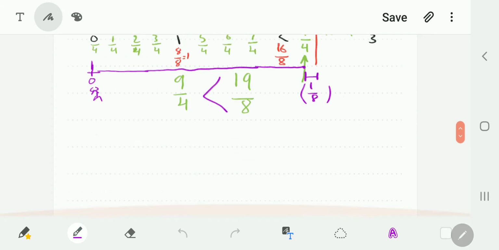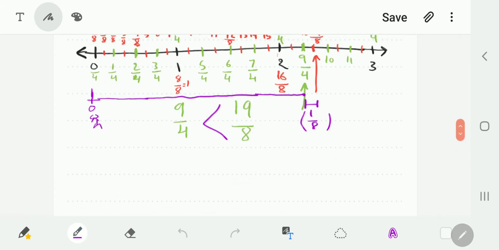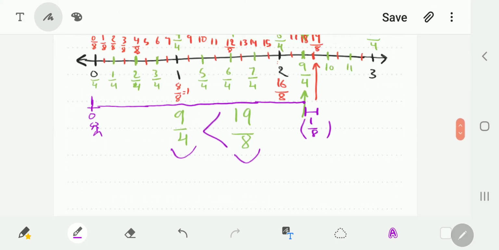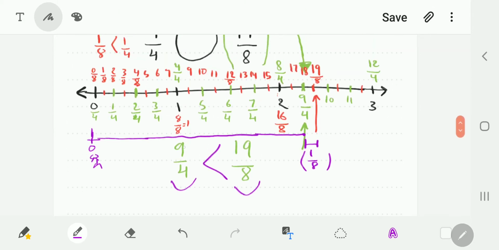So we compared in the previous video 9/4 with 19/8. Very good. And then showing both of these fractions on the same line, we can figure out which one is smaller and which one is bigger, or maybe they're equal.